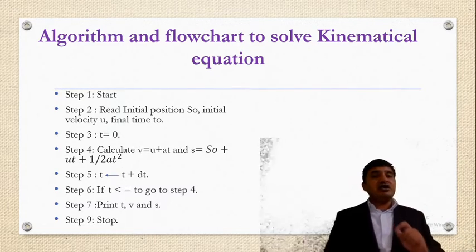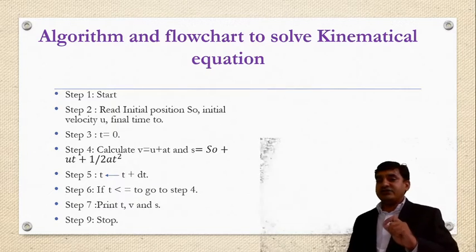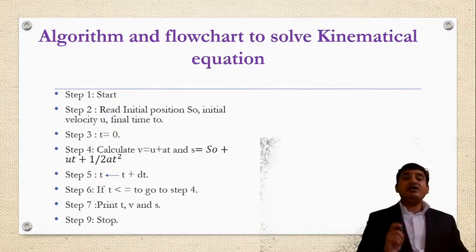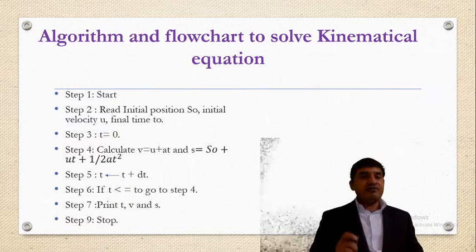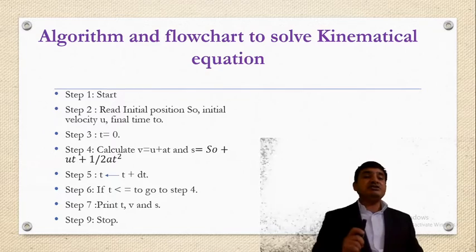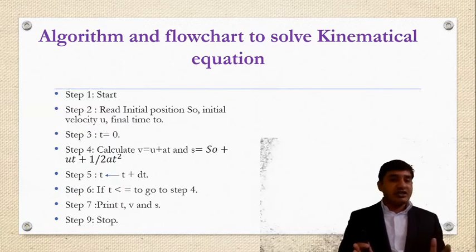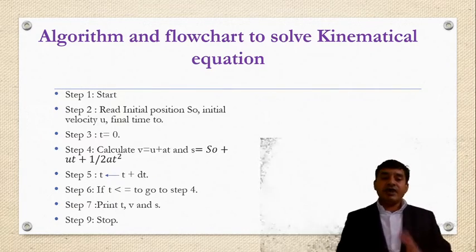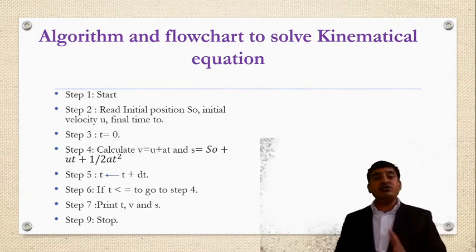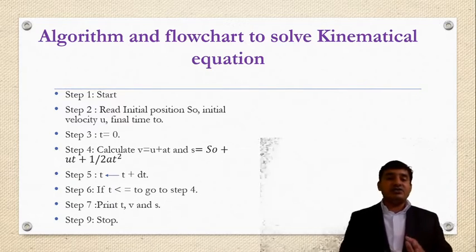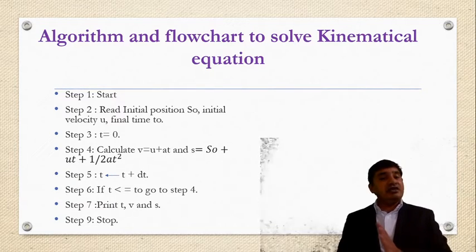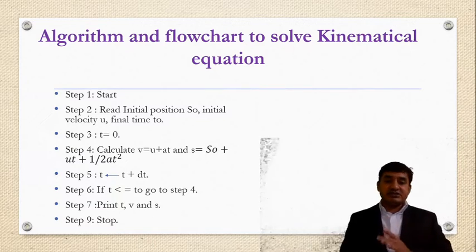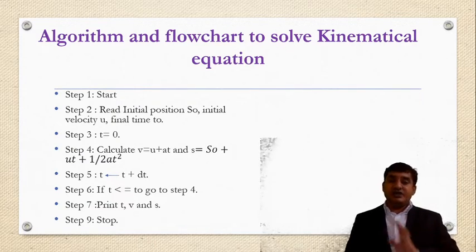Step second, read initial position s0, initial velocity u, final time t0. Step 3, now t is equal to 0, that is, the initial time is considered as 0. Calculate the final velocity, that is v is equal to u plus at, and the final displacement, s is equal to s0 plus ut plus 1/2 at square.